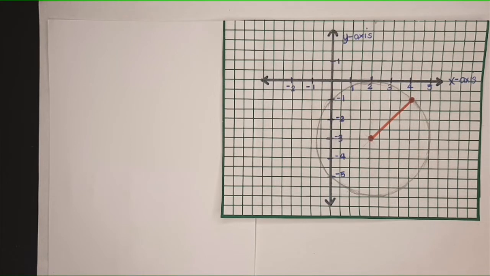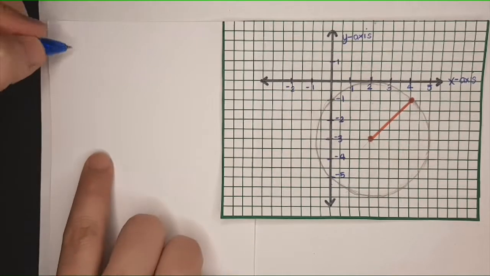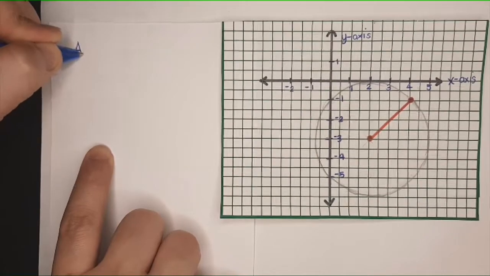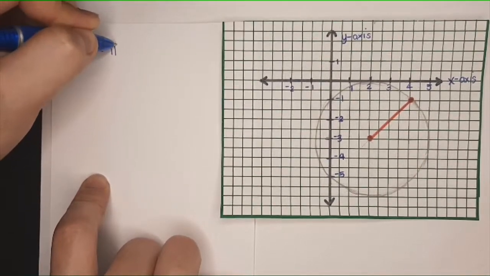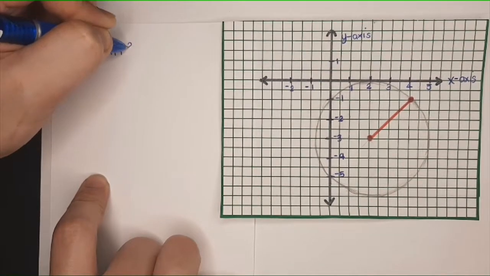Okay, so let's have this third example. What if I ask you to find the area of this circle? Okay? So, how are you going to do that? First, you recall what is the formula in getting the area of a circle. Diba? Can you still recall? The area of a circle is equal to pi r squared.